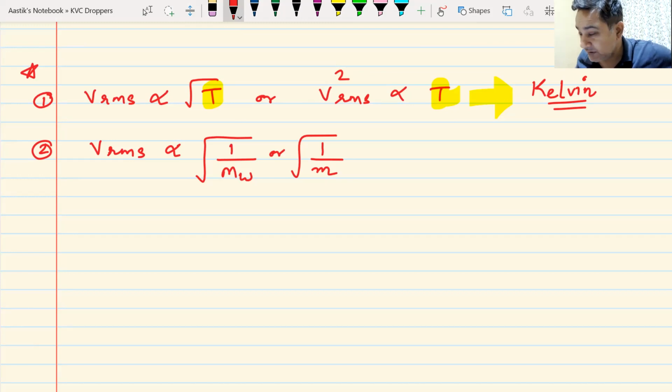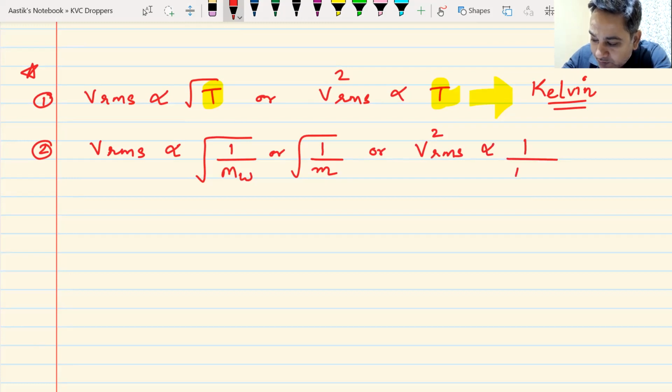Please remember this. Or if I talk in terms of VRMS squared, it is inversely proportional to 1 by the molecular mass, or 1 by the mass of one molecule of the gas.